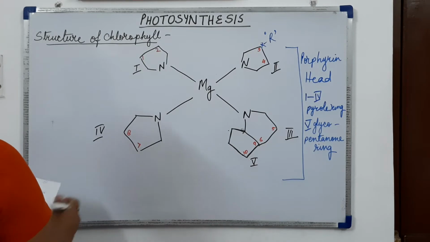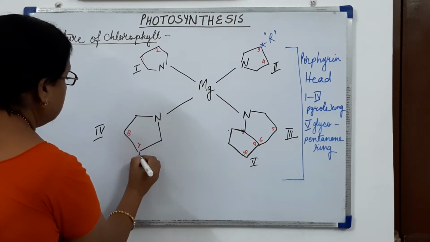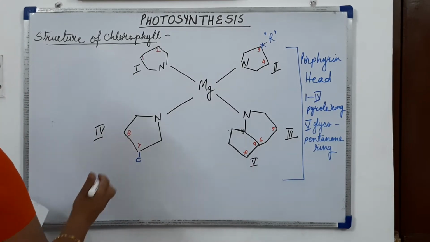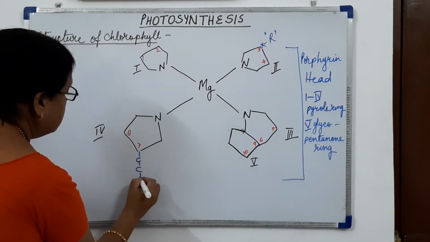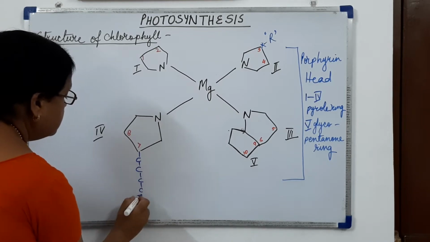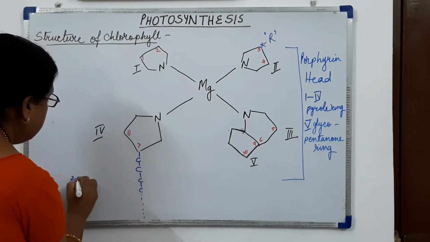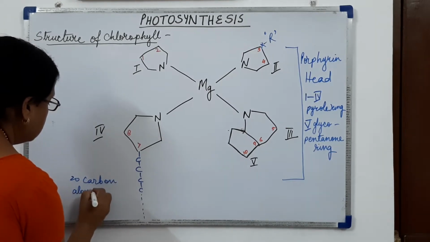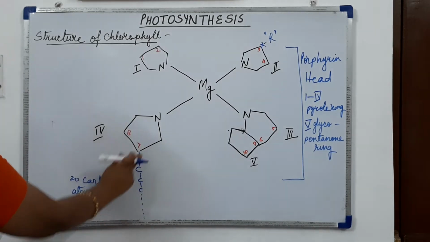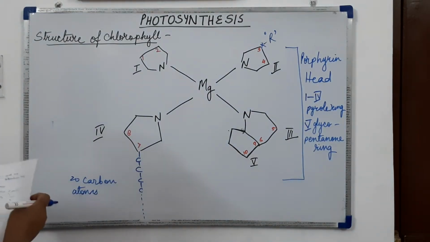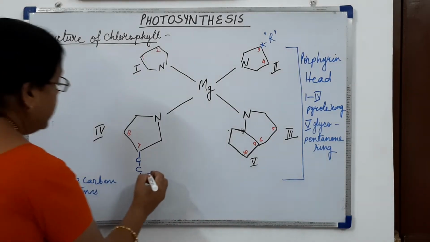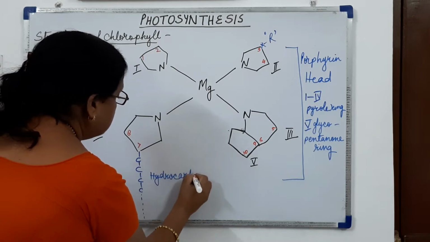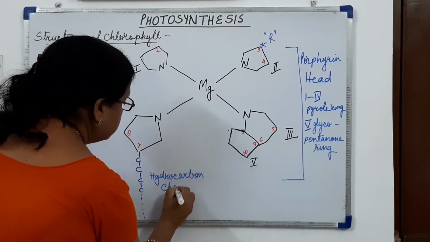Then on the 7th carbon, 20 carbon atoms will be attached like this. 20 carbon atoms will be attached on the 7th position in the chain form, and this is called the hydrocarbon chain.